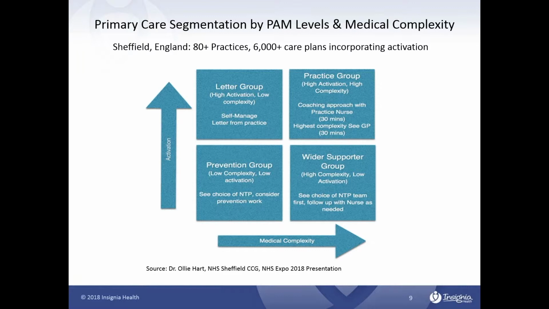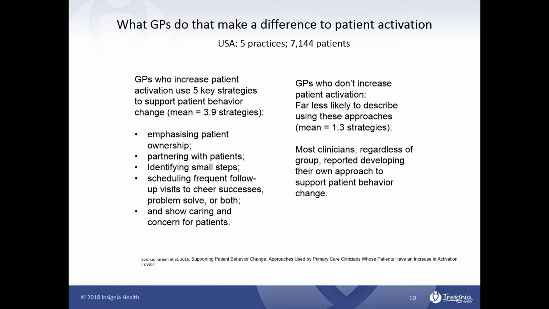Next slide, please. This piece of evidence was only a small study with 7,000 patients in 5 primary care practices, and it was a retrospective study. They found that the GPs who had higher activated patients tended to use a lot of different strategies in supporting patient behaviour change, things like identifying small steps and emphasising patient ownership. You can read those there.